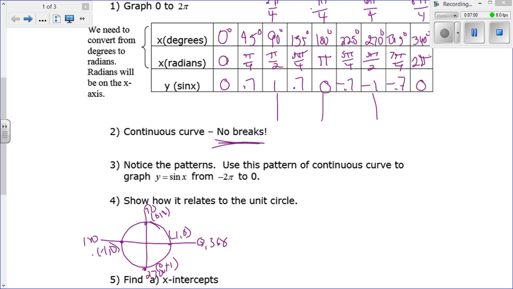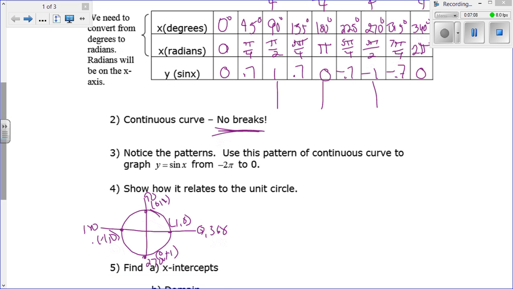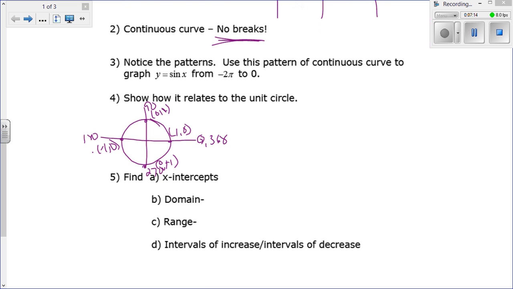If I am in quadrants 1 or 2, because from 0 to 180 is quadrants 1 and 2, all my y values are positive. If I'm in quadrants 3 or 4, all my y values are negative. So sine is positive in 1 and 2, and it's negative in 3 and 4.